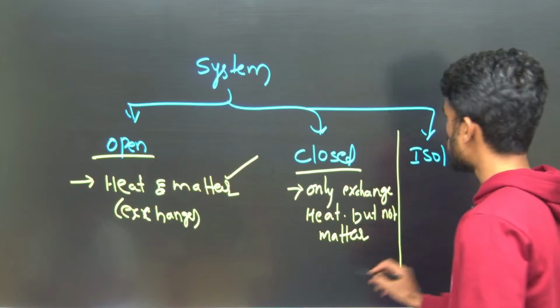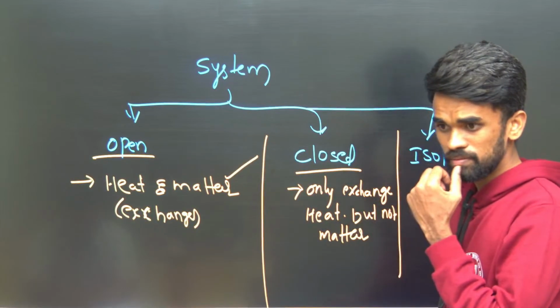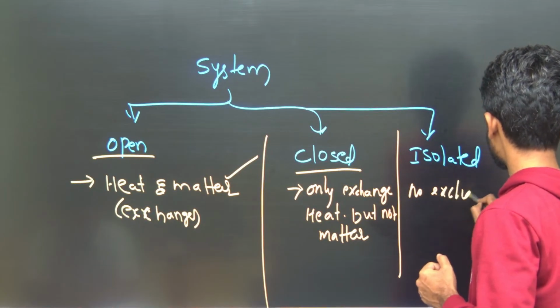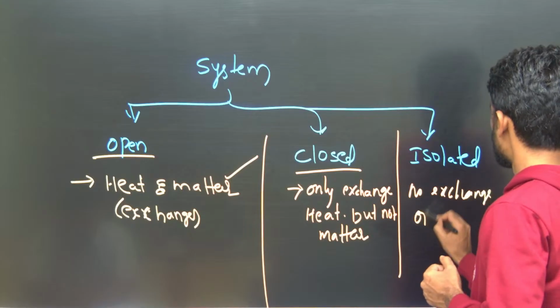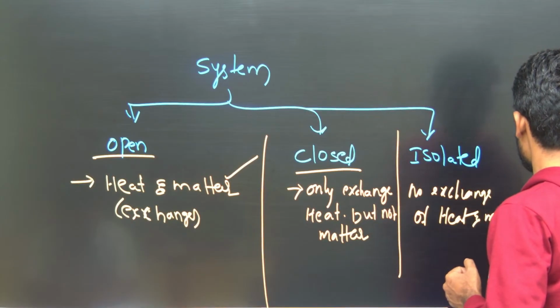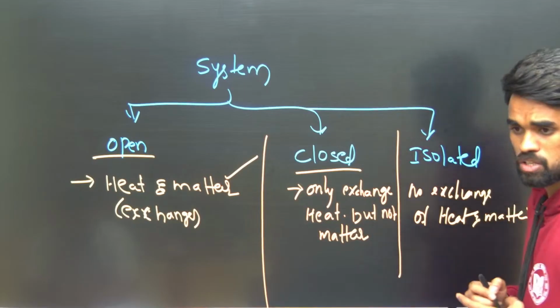Now what about an isolated system? Heat and matter both cannot be exchanged between system and surroundings.